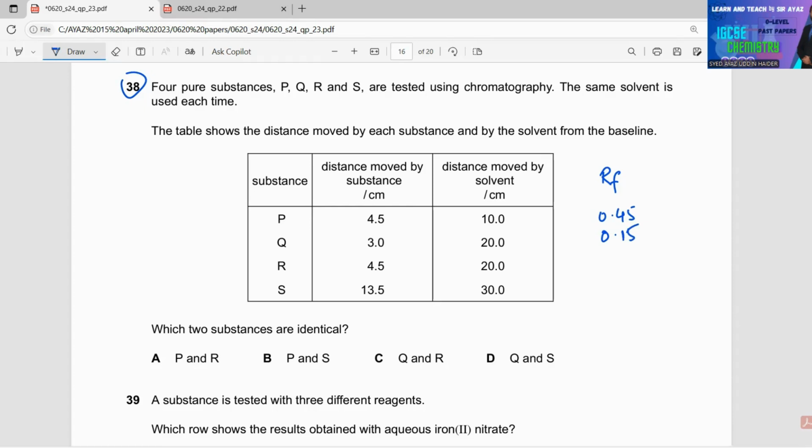R, 4.5 divided by 20, 0.225. S, which is the last one, 13.5 divided by 30, 0.45. So P and S are identical. So B must be the right answer in this case.